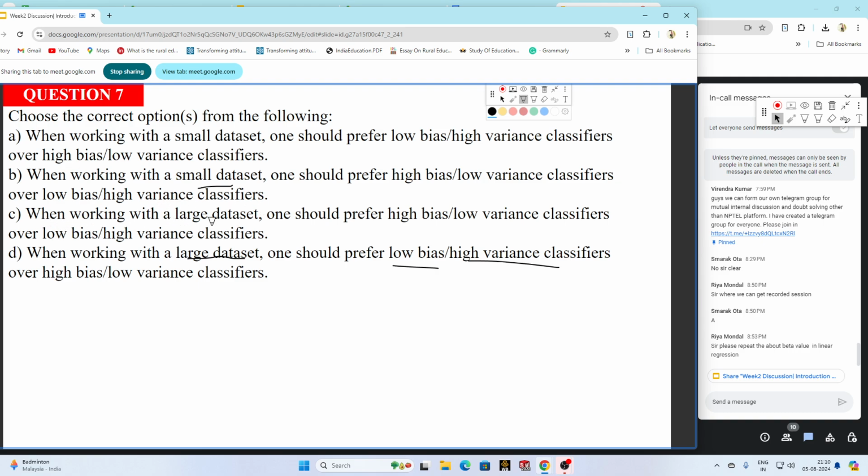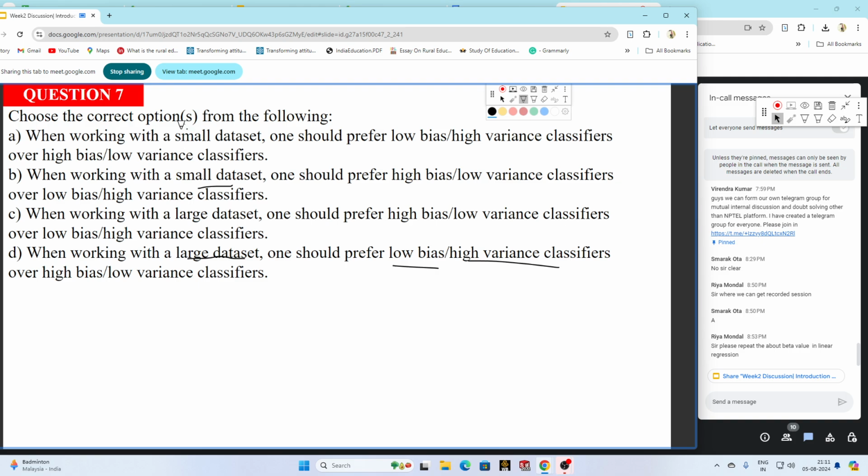Option C, when working with a large data set, one should prefer a high bias low variance classifier over a low bias high variance classifier. And D, when working with a large data set, one should prefer a low bias high variance classifier over a high bias low variance classifier. We have to take which option is the correct option.